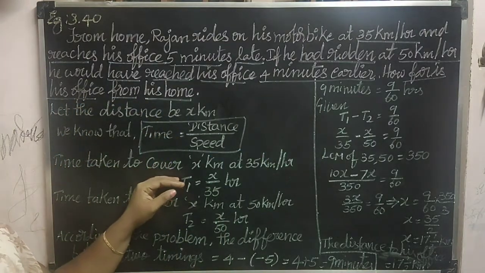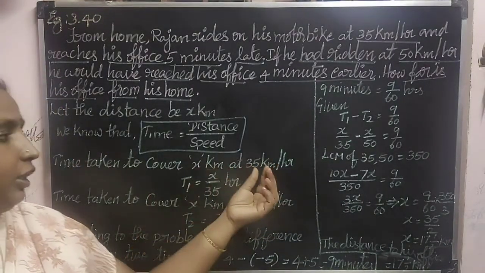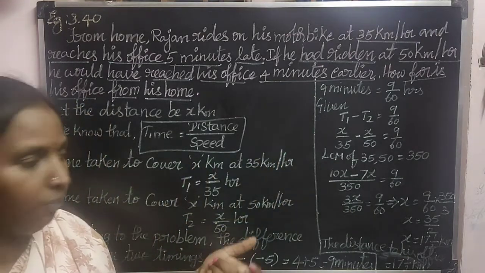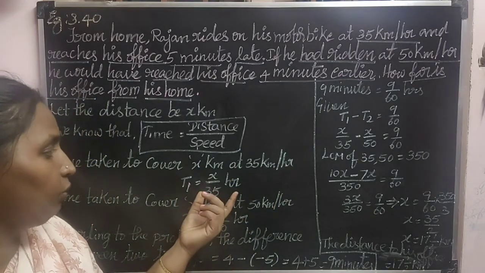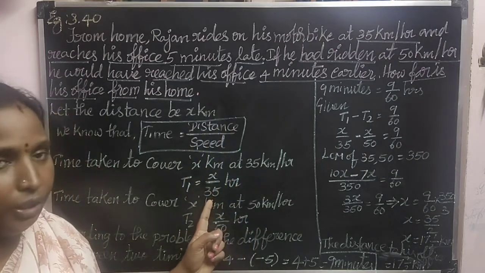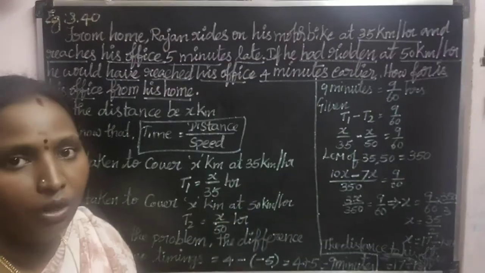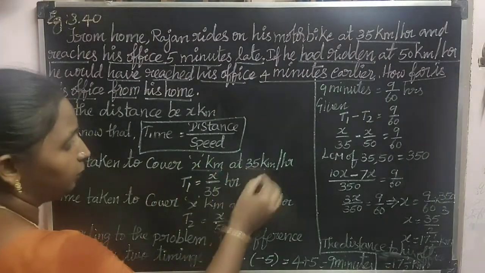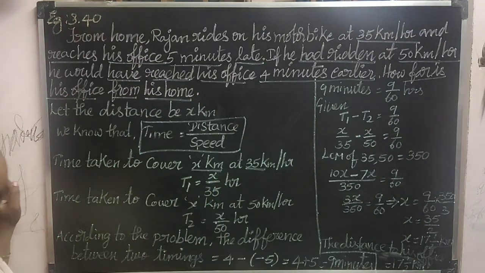The time taken to cover x kilometer at 35 km per hour: distance is x kilometer, divided by speed 35. So the time, in hours, is x by 35 hours. Did you understand this? Distance by speed. Here distance is x kilometer, speed is 35 km per hour. So t1 equals x divided by 35 hours.